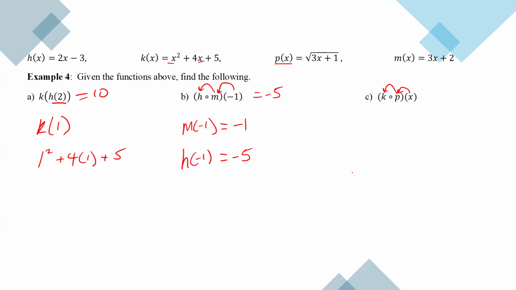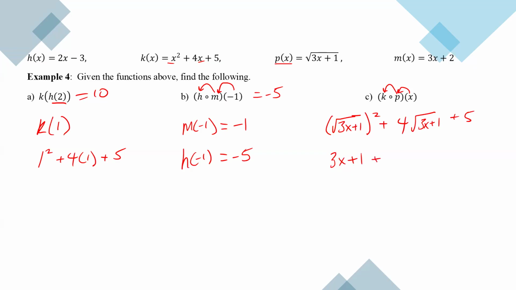Do we see that? Plus 4 times the square root of 3x plus 1 plus 5. What happens when you square a square root? It gets rid of it. It sets it free. Fly, little birdie.